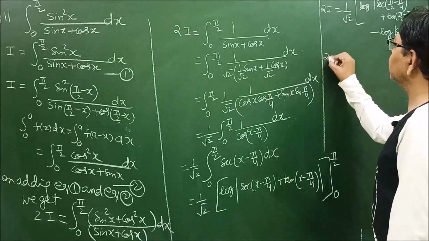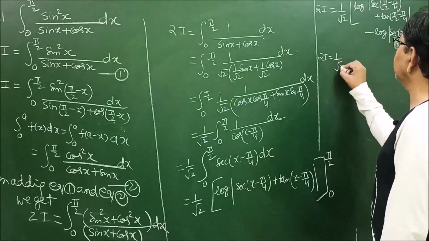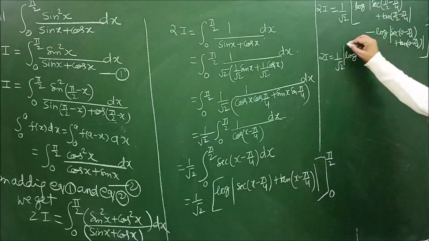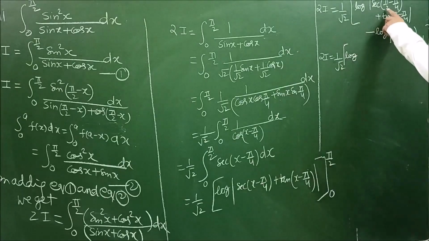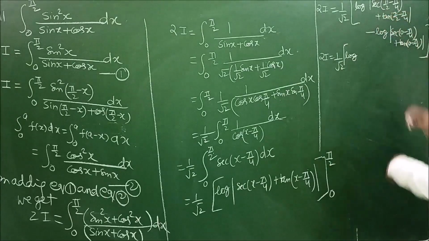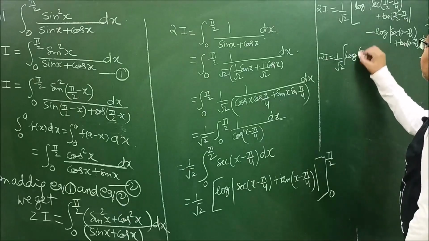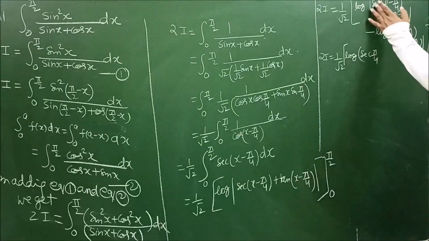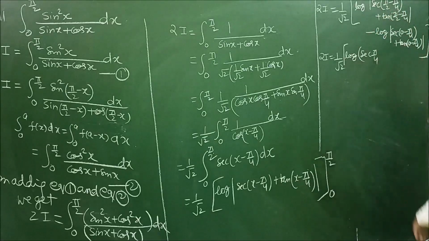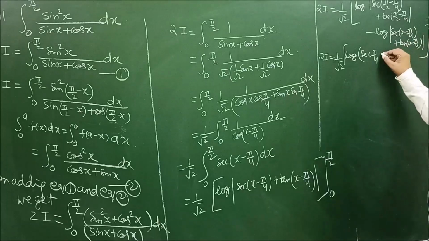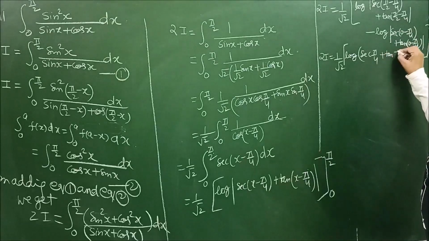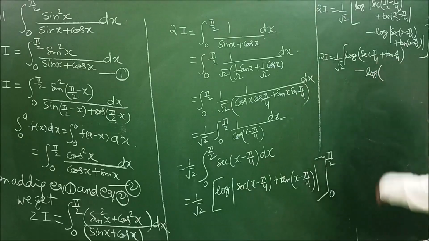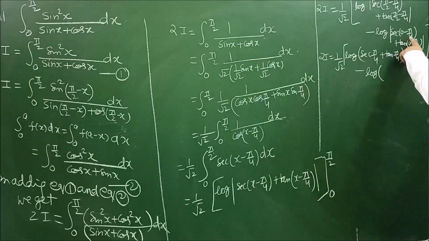Which is equal to 2I is equal to 1 by root 2 log of sec pi by 4 plus tan pi by 4, because both are positive, so removing the mod sign here, minus log of sec(0 minus pi by 4).